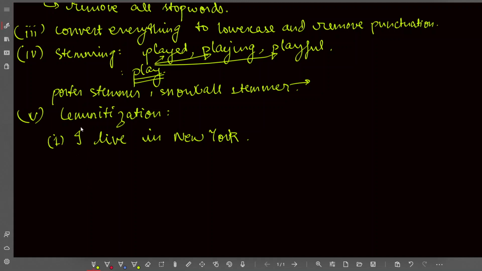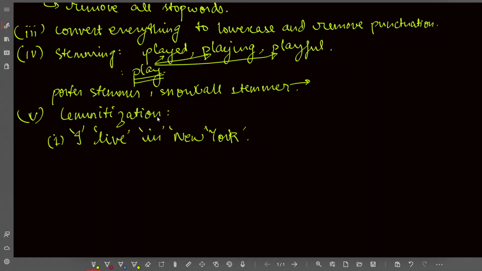So tokenization is basically separating each word in a sentence. Tokenization would give me I as one word, live as one word, in as one word, New as one word, and York as one word. So it would give me New and York as two different words, right? But we know that New York is the name of a city and it's just one word, right?